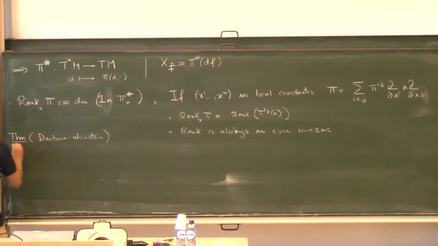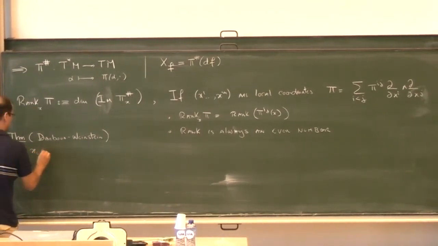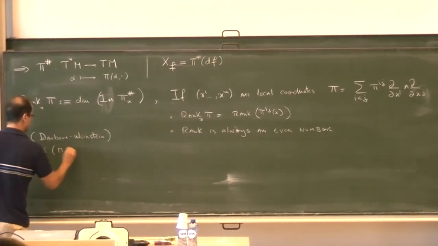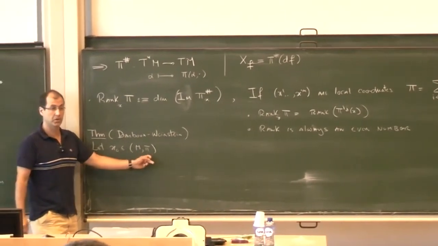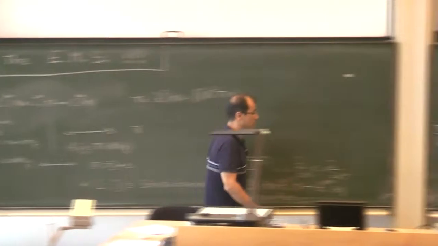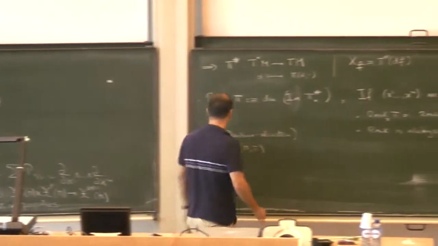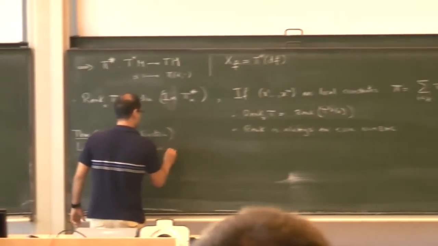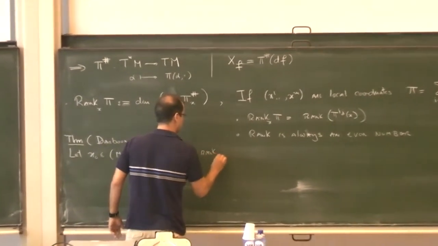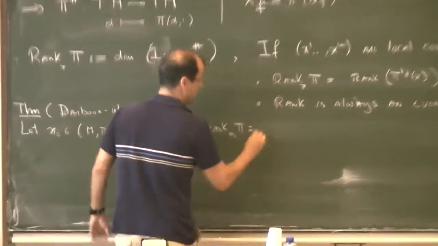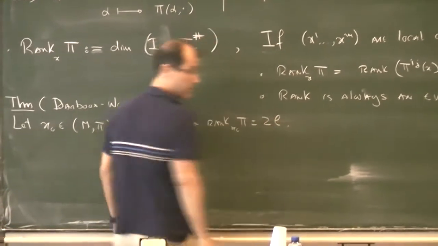It says: let x naught... So from now on I will write (M, pi) to denote a Poisson manifold, a manifold with a bivector which satisfies this condition, which is the same thing as a manifold with a Poisson bracket. So let's fix a point and assume the rank at that point is an even number, so let's say it's 2l.